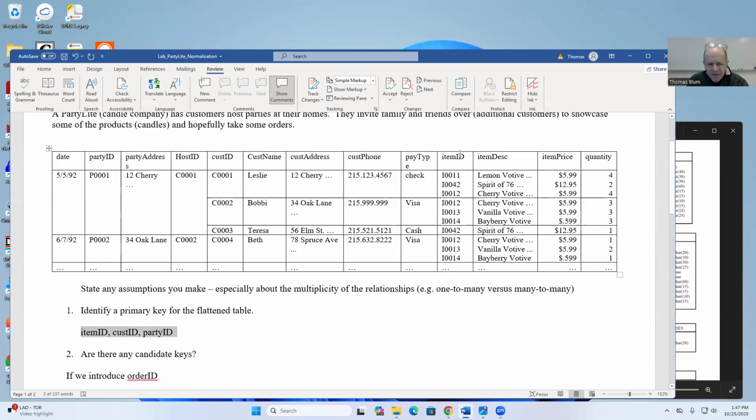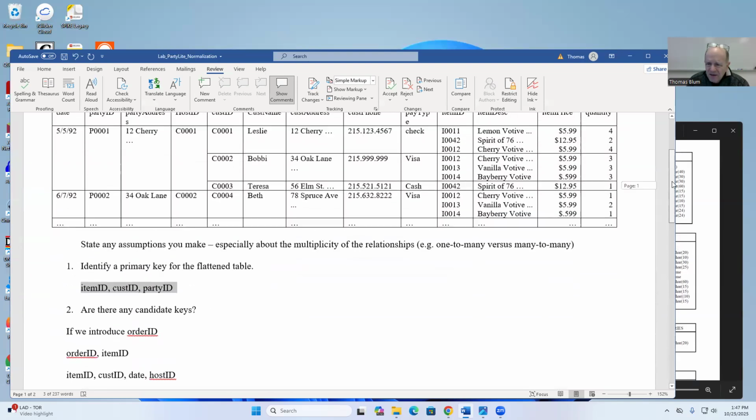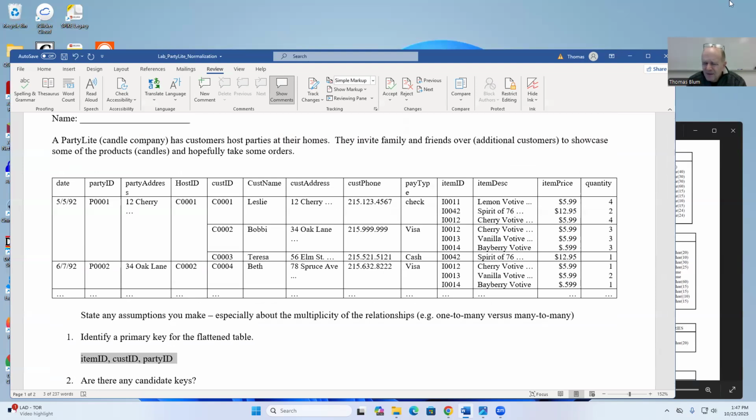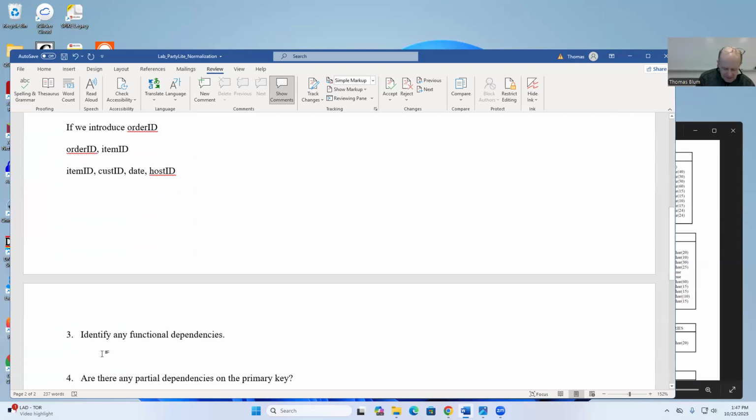So the combination of item ID and customer ID and party ID is unique for each record, and we can look up everything else. The concept of a functional dependence is that idea, but smaller. If I know the item ID, I can figure out the item description and the item price.